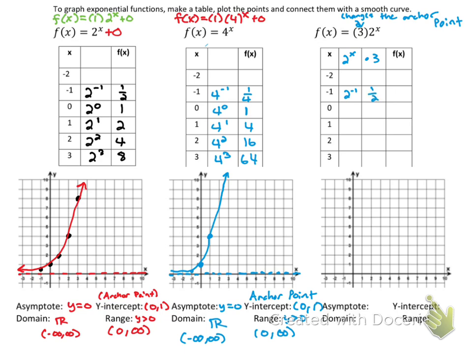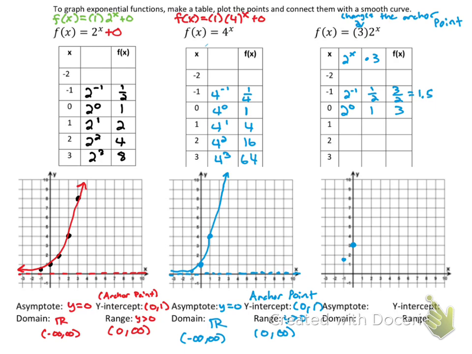And then 1/2 times 3 is 3/2. Or 1.5. Okay. All right, 0. What's 2 to the 0 power? 1. And then what's 1 times 3? 3. Our next point is 0, 3. Okay, our anchor point.